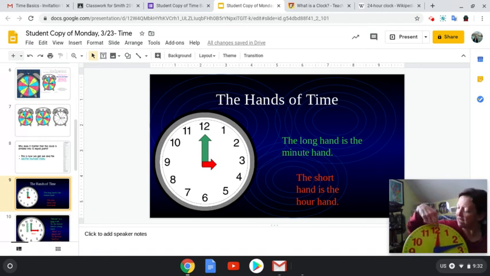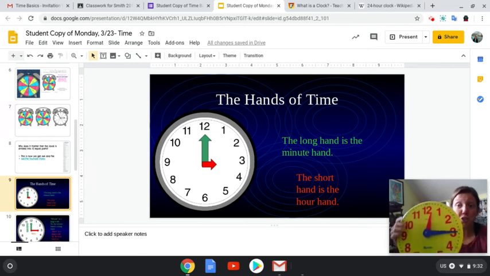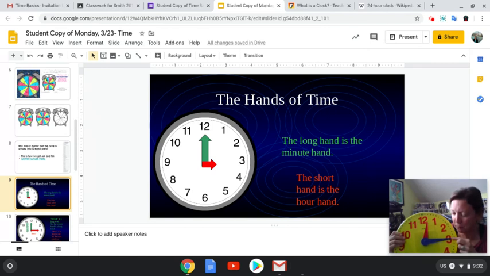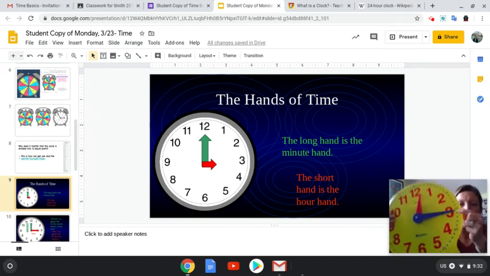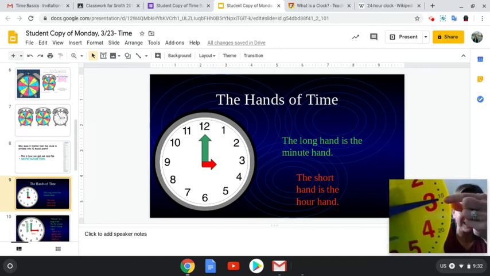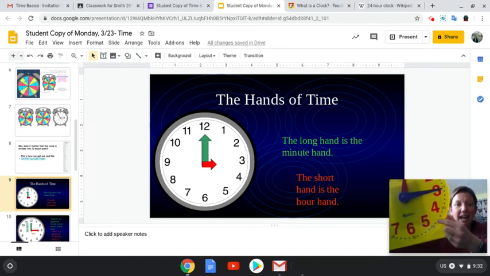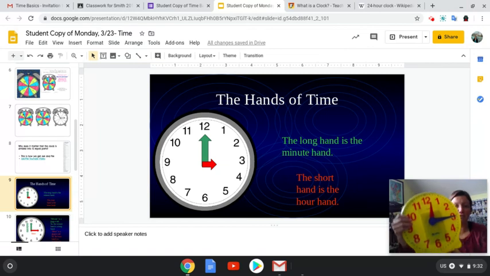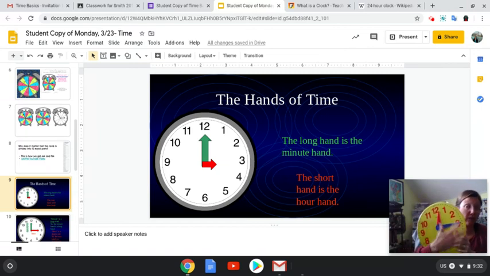We can see if it's still in the 12s room, or the 1s room, or the 2s room. The hour hand is shorter because those hours are bigger. The minute hand has to be long so that it can help us point directly to those small minutes on the outer edge of the clock face. Remember, this is a clock face.